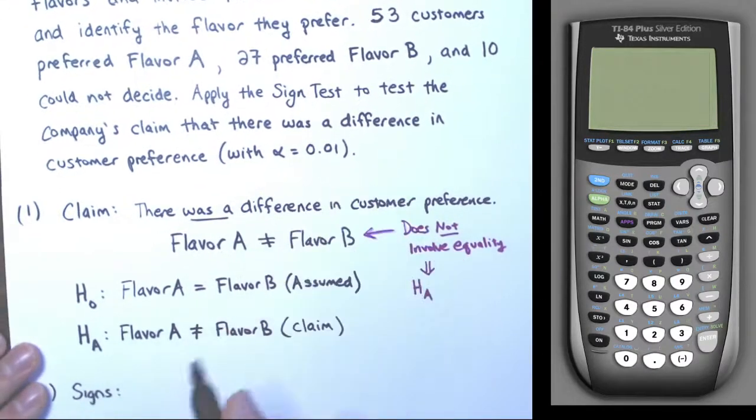Let's just say a plus sign means that flavor A was preferred over flavor B, and then the minus signs will mean that flavor B is preferred. Or you could also write this in terms of flavor scores. If you took flavor A score minus flavor B score, if it's positive, I'll give it a plus sign. If it's negative, I'll give it a minus sign. And if there's no preference, we'll call that 0.